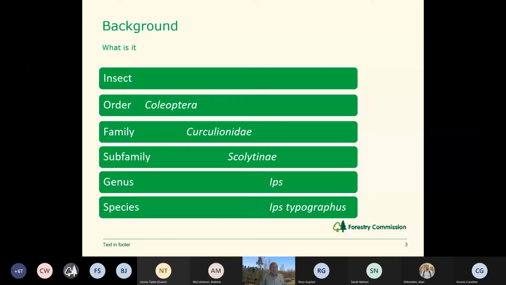This particular species, Ips typographus, is endemic through much of Europe and Asia. There are three Ips species present in GB, but this is not one of them.